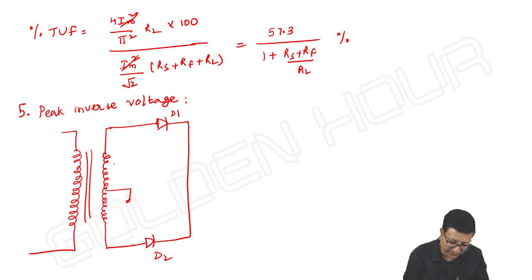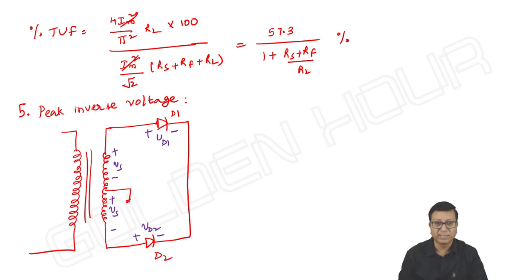Here, if you take the secondary voltage, it is Vs. For diode D1, I can write VD1 from anode to cathode, and VD2 from anode to cathode. You can take either positive or negative cycles, it doesn't matter. I am taking positive half cycles.